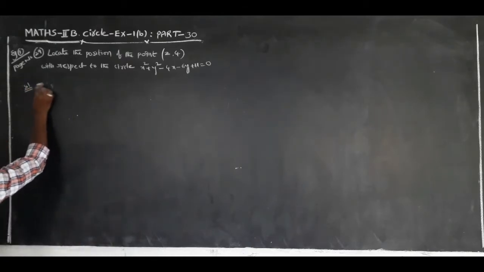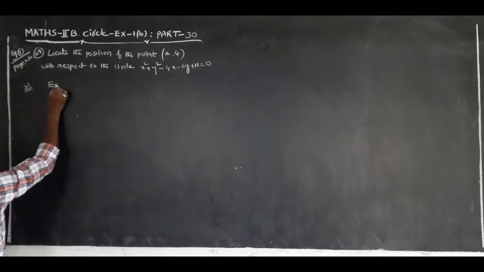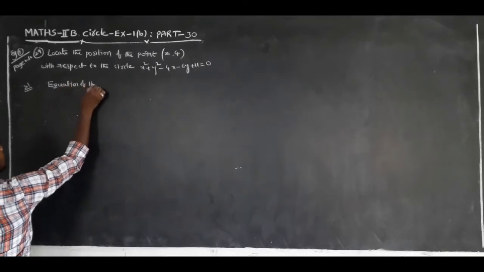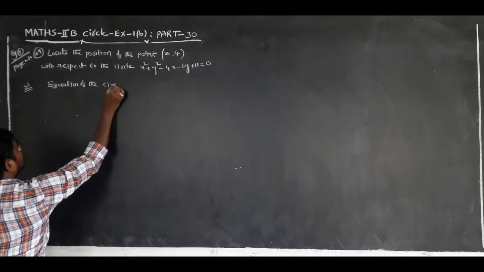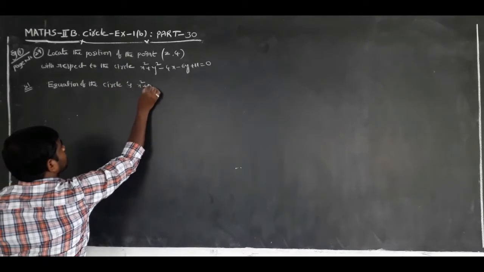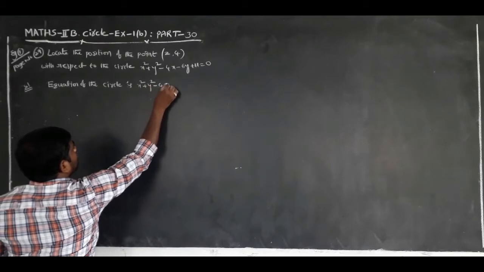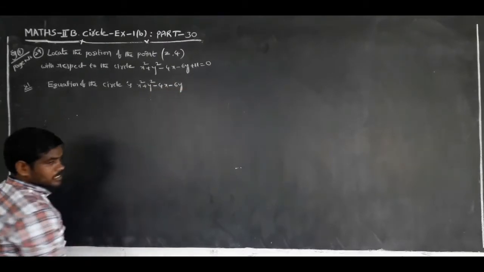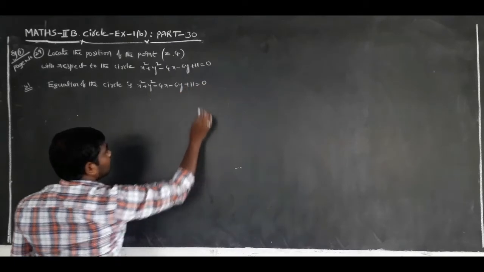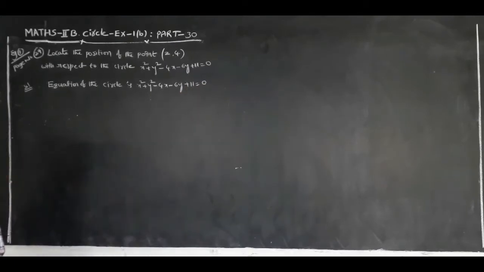Here the given equation of the circle is x² + y² − 4x − 6y + 11 = 0.